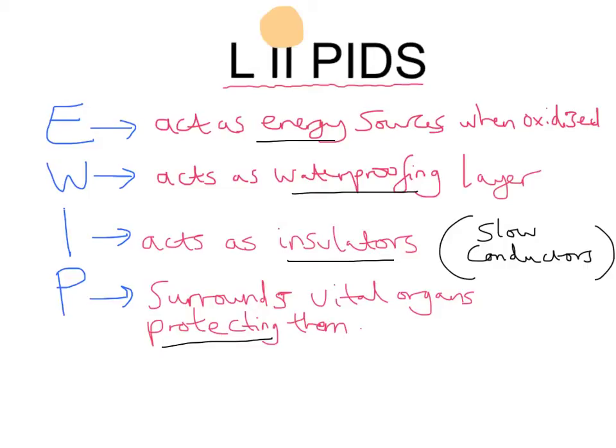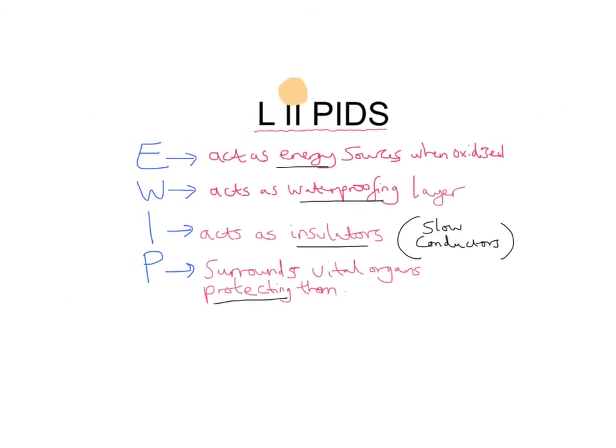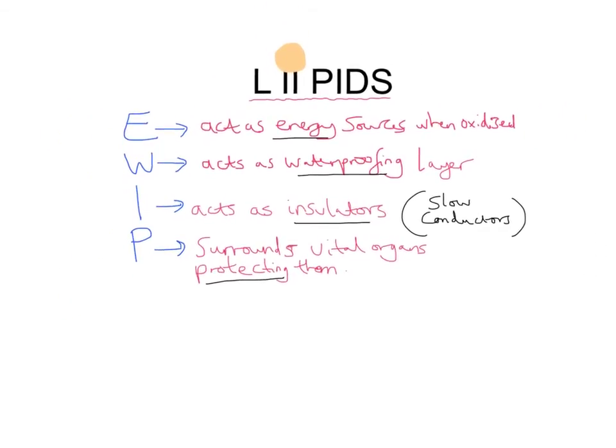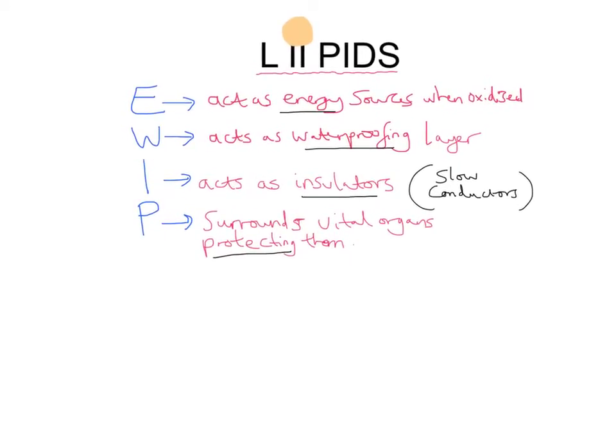Now I want to talk about one kind of lipid. A lipid that you meet at A level. So what we'll do is we'll move this up here. And I want to think about the triglyceride.